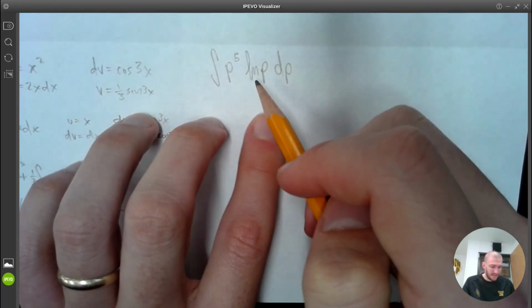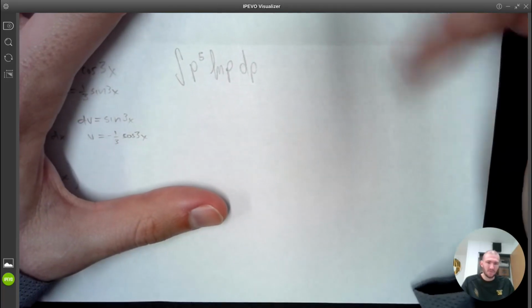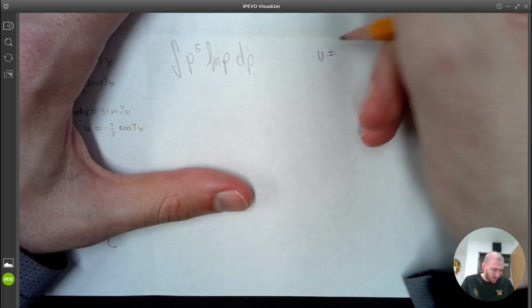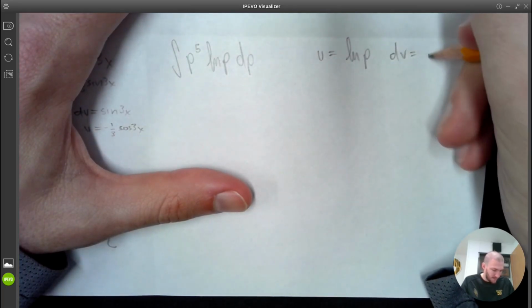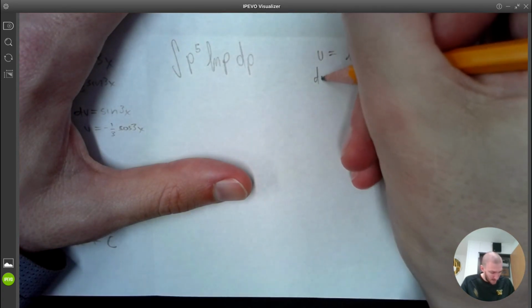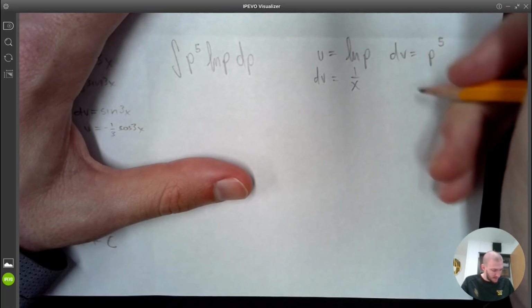But no, because natural log, we never ever want natural log to be the dv. So when I'm picking these, I want my natural log to be over here. That means that my p^5 ends up being on this side. We like the natural log here because the derivative turns it into 1 over x.